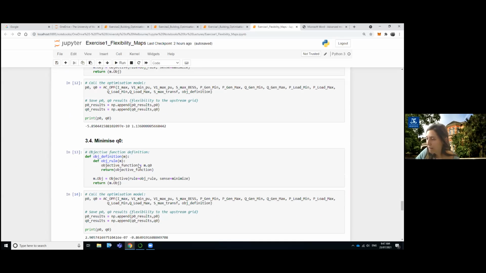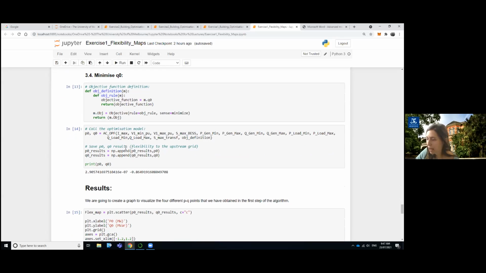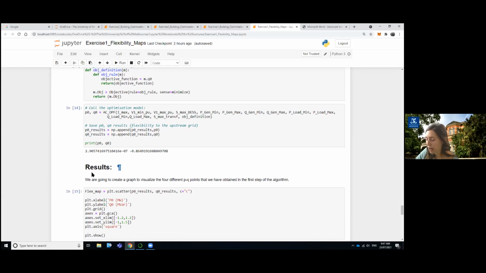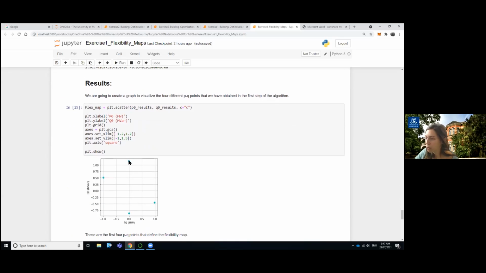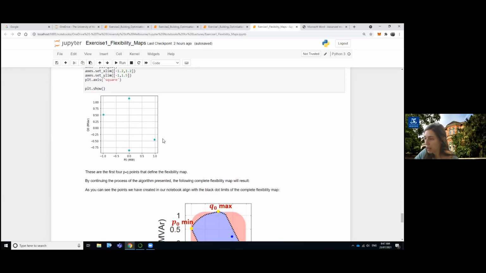So we do the 4 steps, and once we have finished all the optimizations required, in this first step it's only 4 optimizations. We will see these 4 points that also Pierluigi has shown before, the first step that you get of the algorithm.